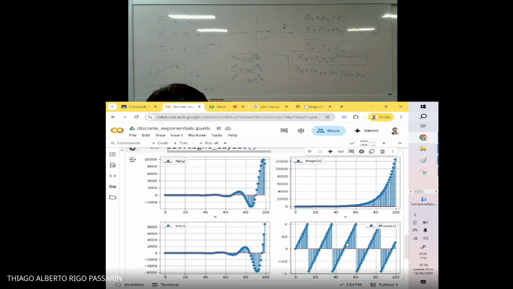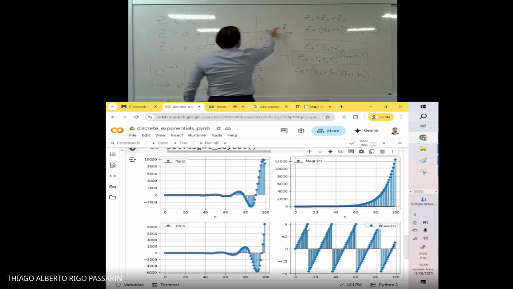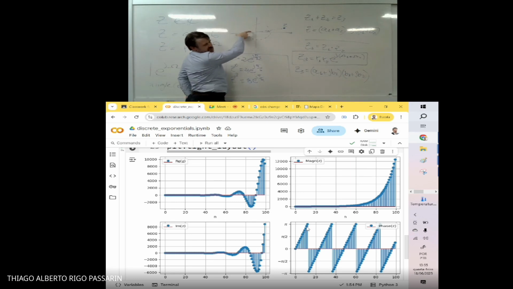So with exponentiation, things are more easily interpretable in polar coordinates. So we see the angle growing linearly. When it reaches pi, it goes to minus pi.